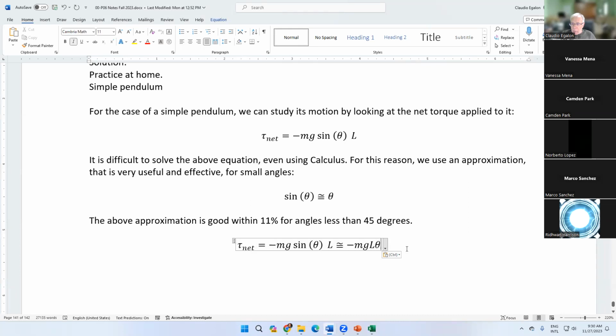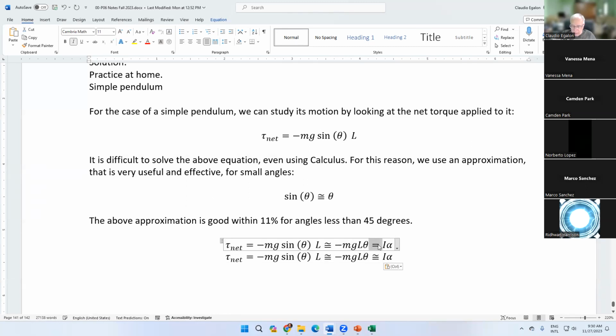And I'm going to use that other relation that you know for the net torque, which is equal to I alpha. Remember, net force is equal to mass times acceleration. Net torque is going to be I times angular acceleration. That's what we have. So we get, and by the way, the approximation also is going to come right in here.